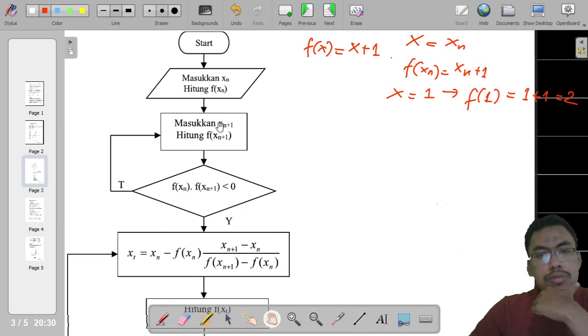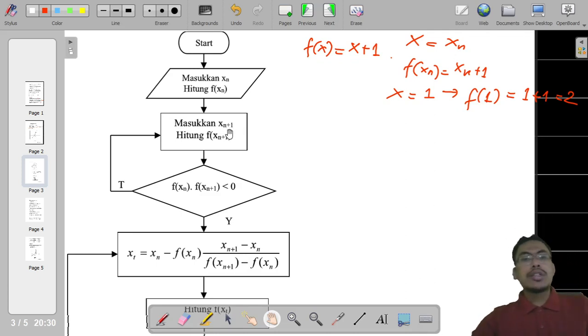We change to xn+1, which is also random. You can just choose the value of xn+1.